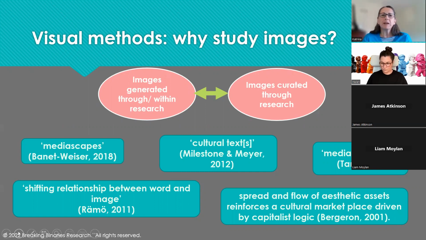One way of thinking about different types of visual research is to consider whether the images that you're going to look at originate within the context of the research project itself, or whether you are interested in looking at images that exist outside the research project. So, for example, when you're looking at images generated in the research project, you might be asking participants, we used to give them little disposable cameras, but we don't really need to do that anymore.